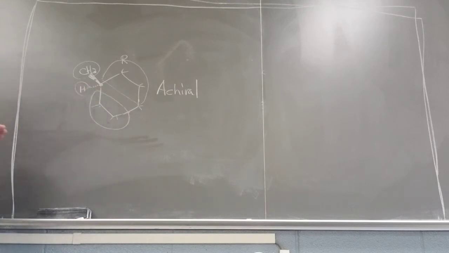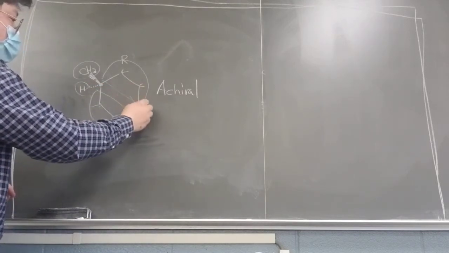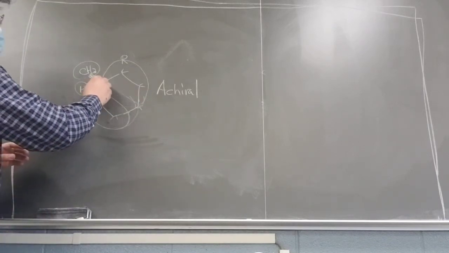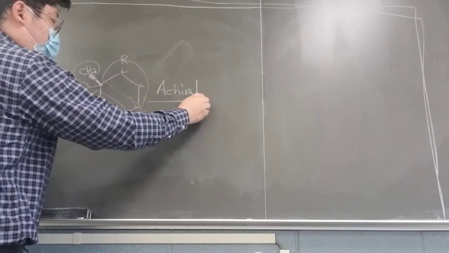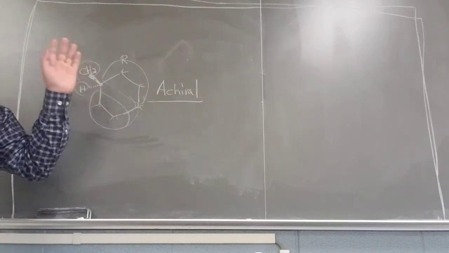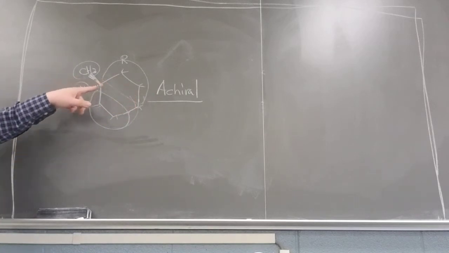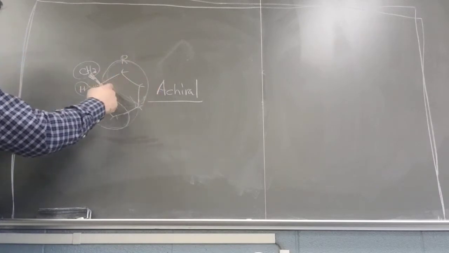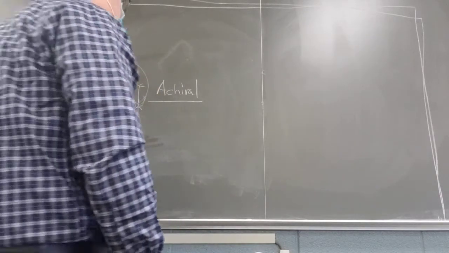If you compare these two all the way down to the other carbon here, they're the same. So this is still not a chiral center. This methyl cyclohexane is achiral because it doesn't have any chiral center. Even for the carbon attached to the ring structure, you can still do the chiral center check, but it's still the same. So it's achiral.